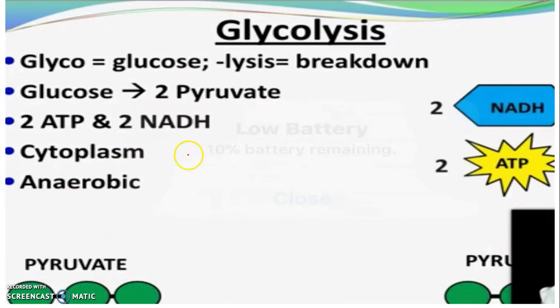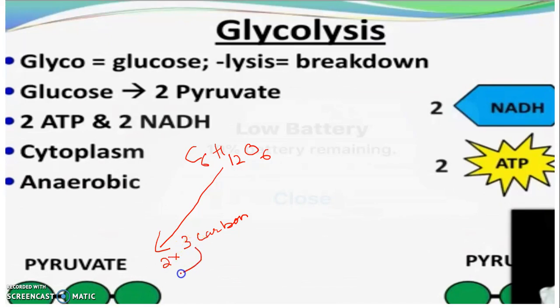As I told you, the glucose C6H12O6 converts into a smaller carbon chain. There are 3 carbons in each of those molecules, and there are 2 of them, and that's called pyruvate.